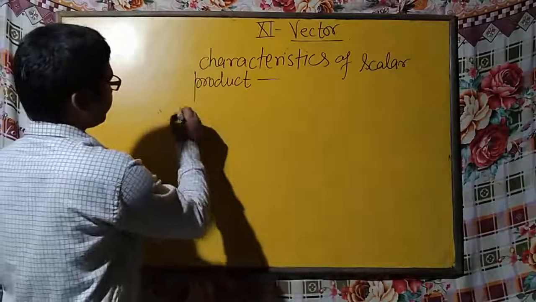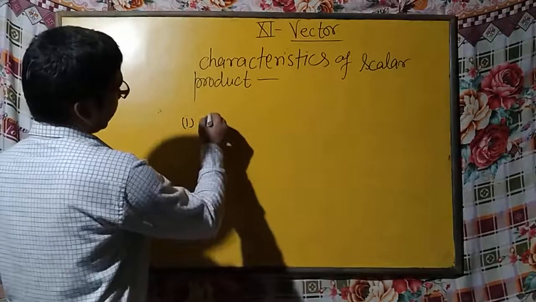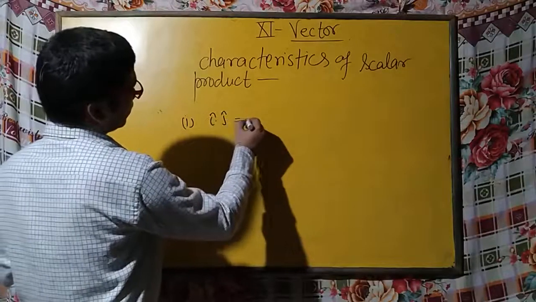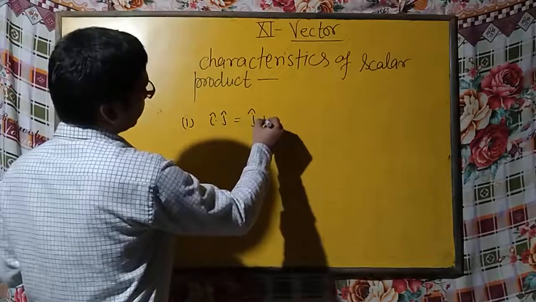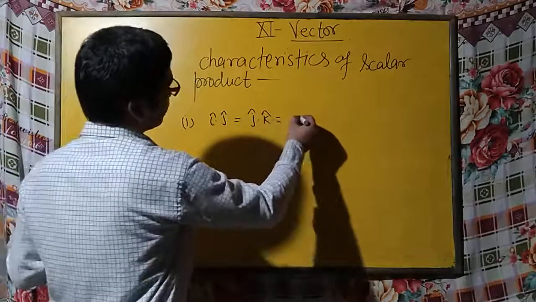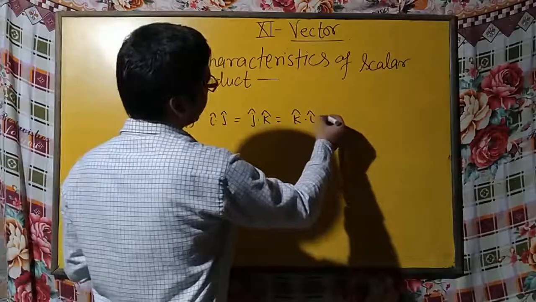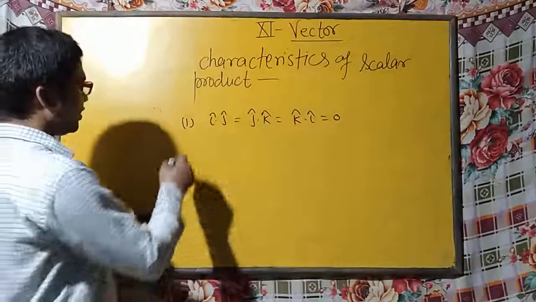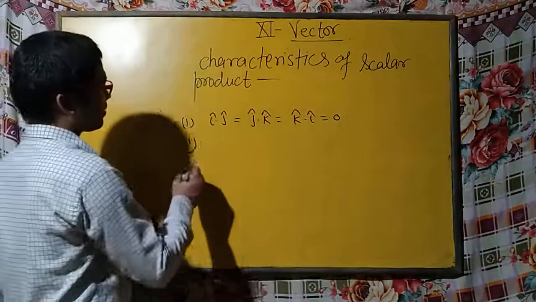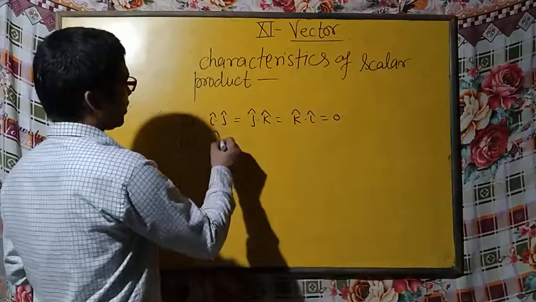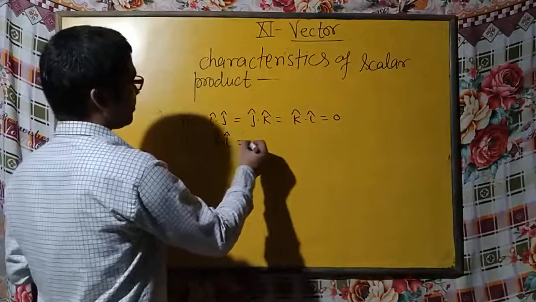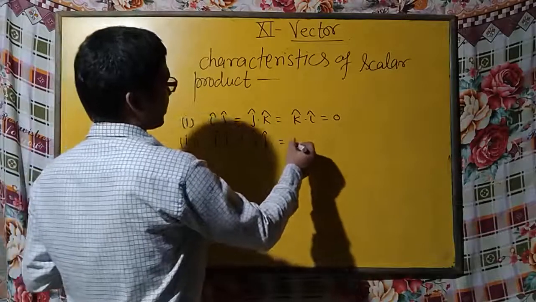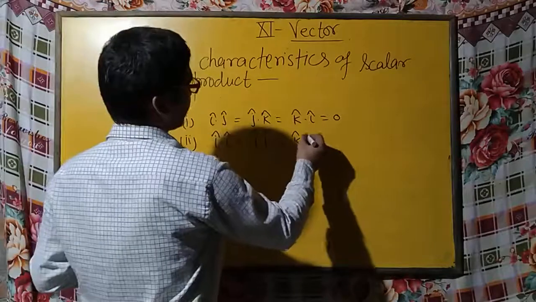First one is i dot j is equal to j dot k is equal to k dot i is equal to 0. This is one of the results. And the second one is i dot i, then j dot j, then k dot k is 1.